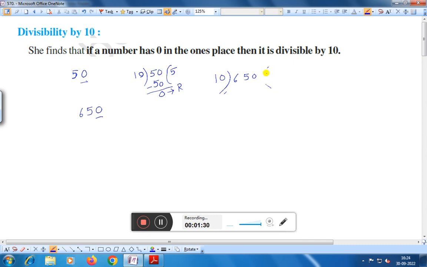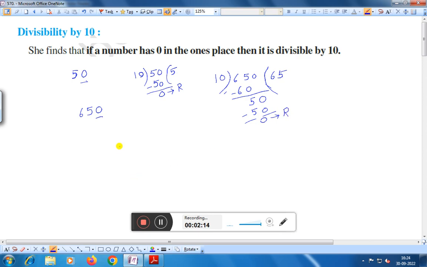Then we can write 6 tens is 60, 65 minus 60 is 5, down 0, 50. Again 5 tens are 50. That means it is also divisible by 10, and you find here that the remainder is 0.